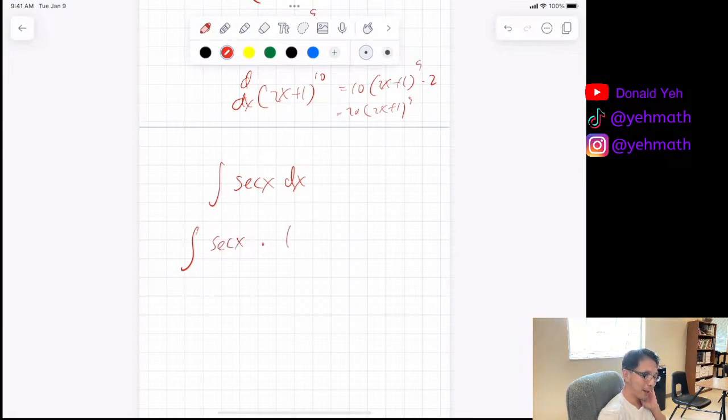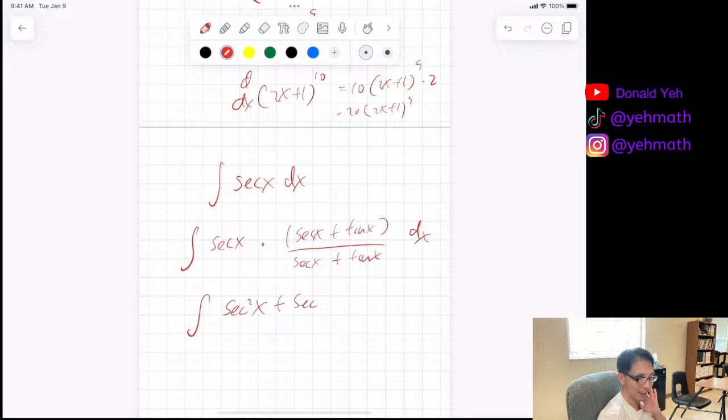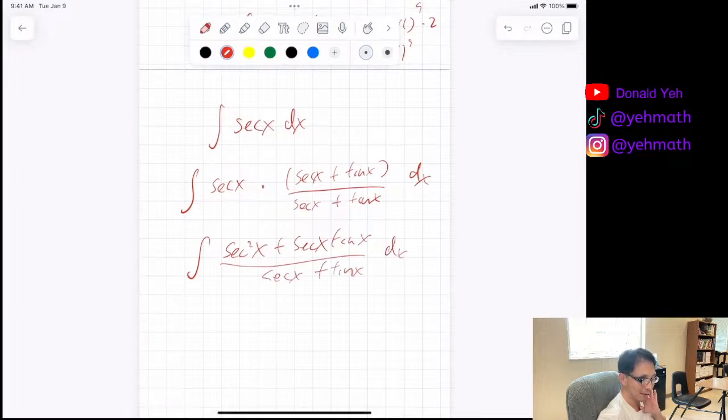You multiply this by secant of x plus tan of x. Who knows this? Who comes up with this? It's just natural log. This one's going to be secant squared of x plus secant of x tan of x, over secant of x plus tan of x. And then you do u substitution.